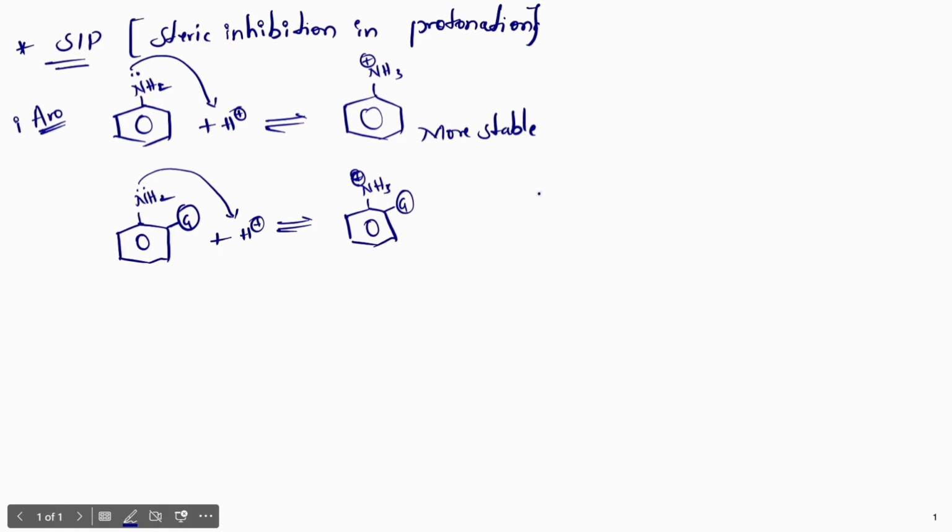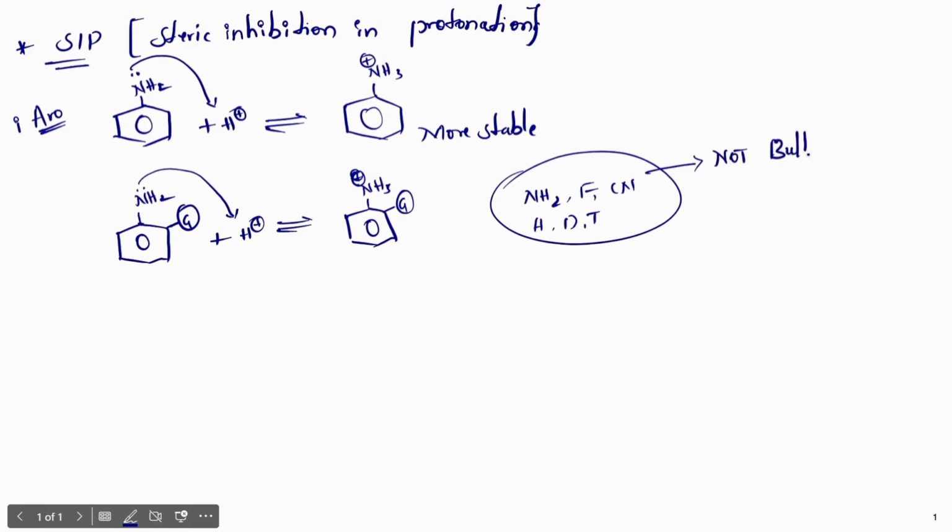We know that groups like NH2, F, CN are not bulky groups. But here, this NH3 plus is a bulky group.